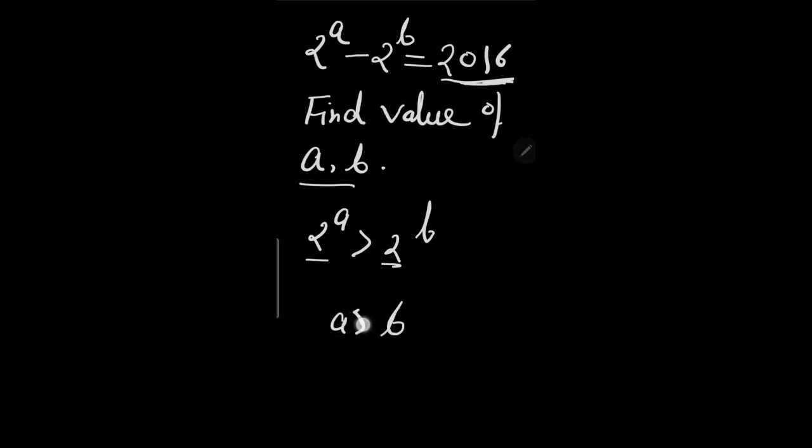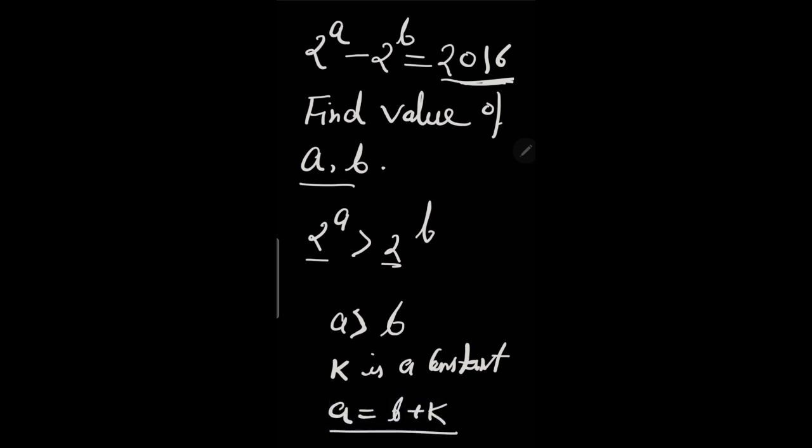Because the base is the same, if you compare the powers, suppose k is a constant, or the value which you add to b to get a result equal to a. It means a is equal to b plus k.